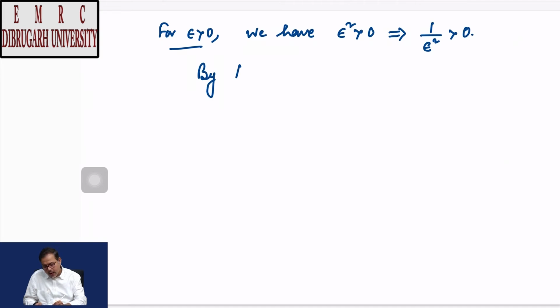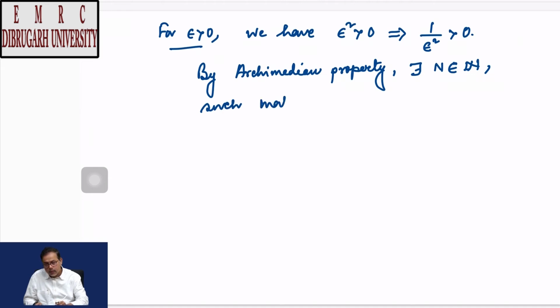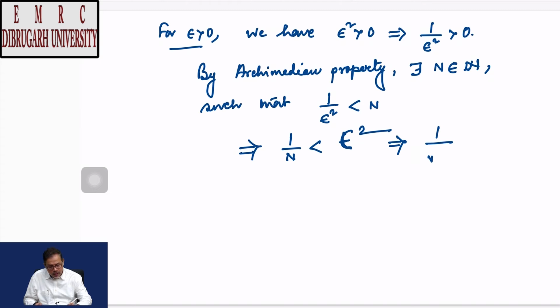Now, by Archimedean property applied to this 1/epsilon squared, there exists a capital N in the set of natural numbers such that 1/epsilon squared is less than N. This implies 1/N is less than epsilon squared, but this implies 1/square root N is less than epsilon.